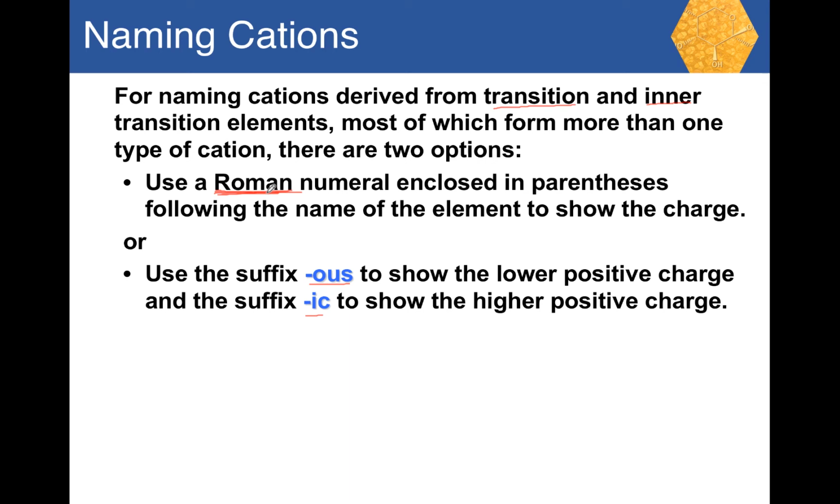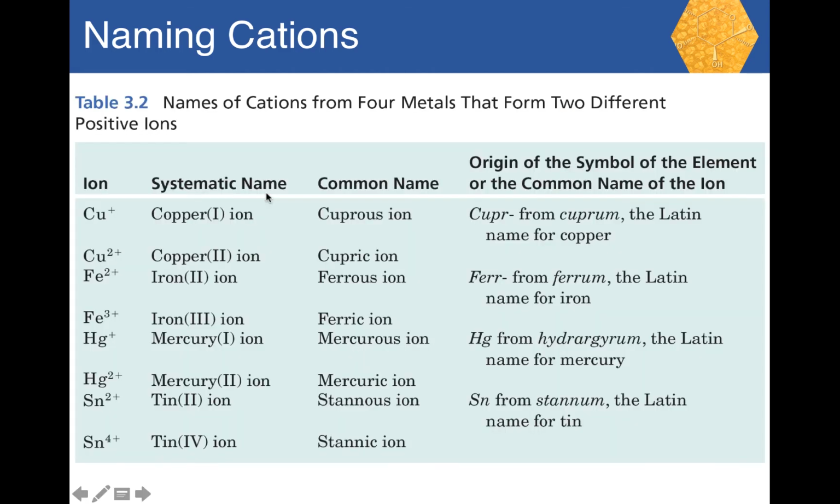Why is this so important? It's important because the transition elements can acquire different charges. The next slide shows that. So for example, copper can be copper 1 plus, and copper can be copper 2 plus.